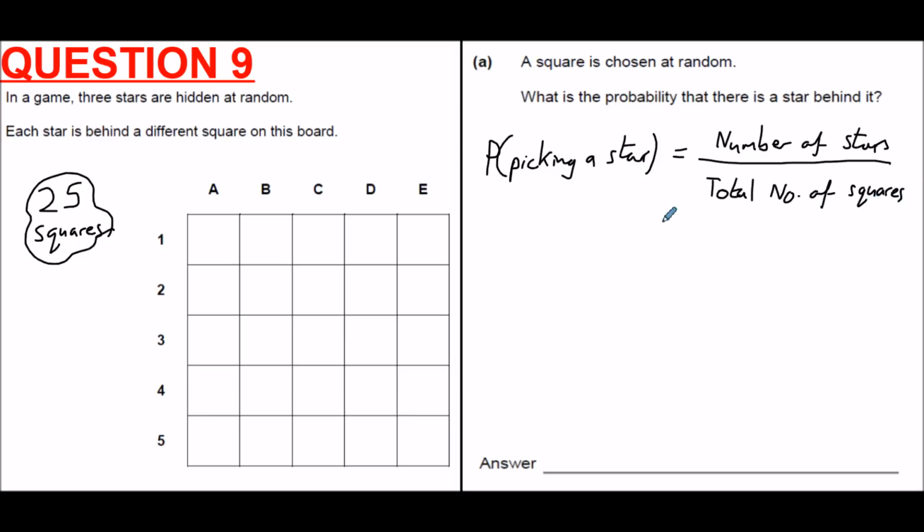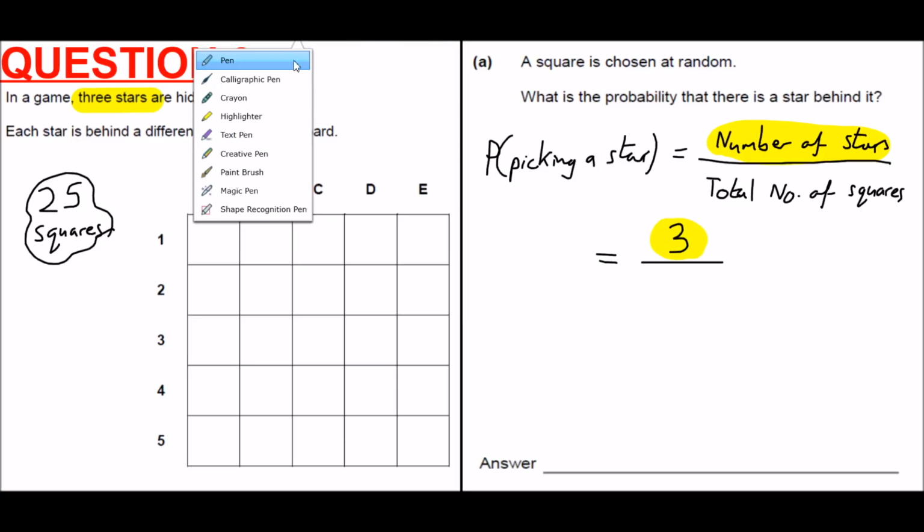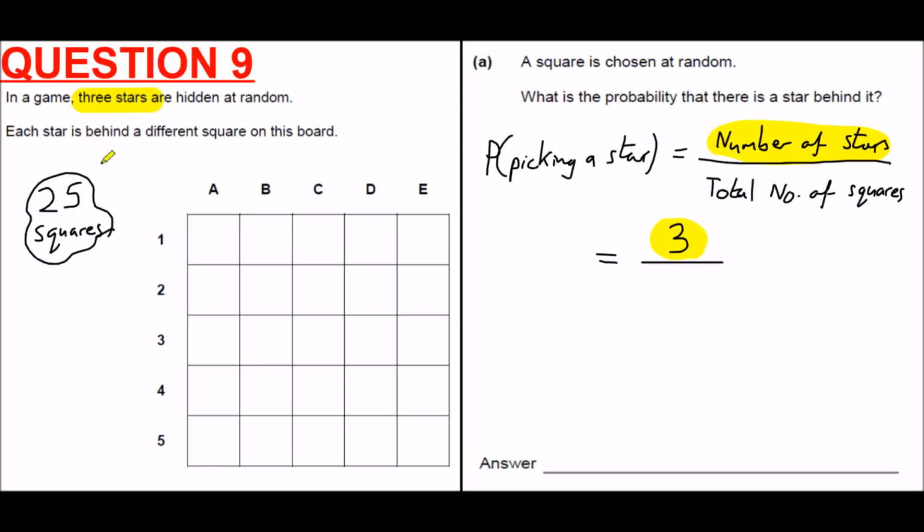So we're told how many stars there are. For the number of stars, we're told there's 3 stars. So first of all, the number of stars is 3. There's going to be 3 out of a total number of squares, which we just worked out earlier by having a look at the grid.